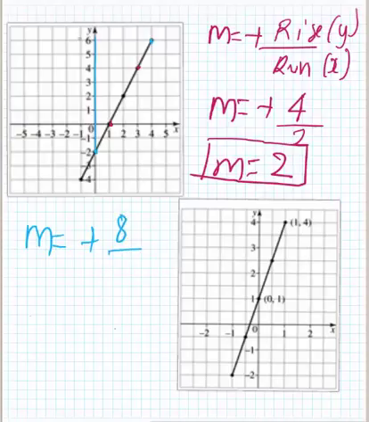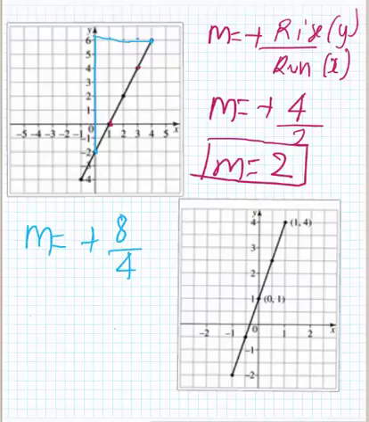And now I'm at this point here, and I have to walk across to get to that point. When doing the run or walking across, always look at your x-axis. From here to here, is it 1 unit? Yes, it is. So 1, 2, 3, and 4 units. So 8 over 4. And there's our triangle shape.